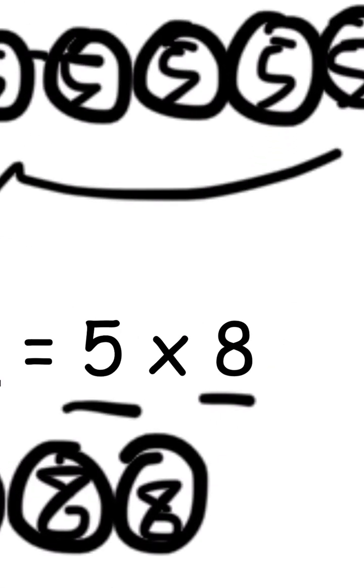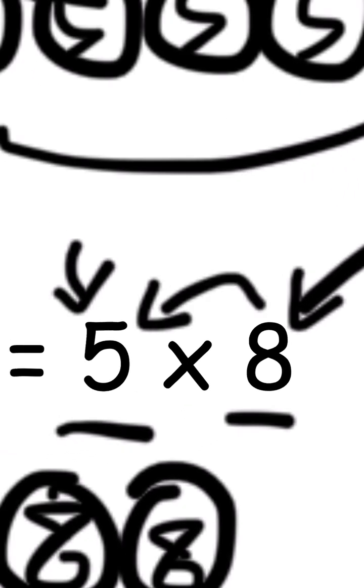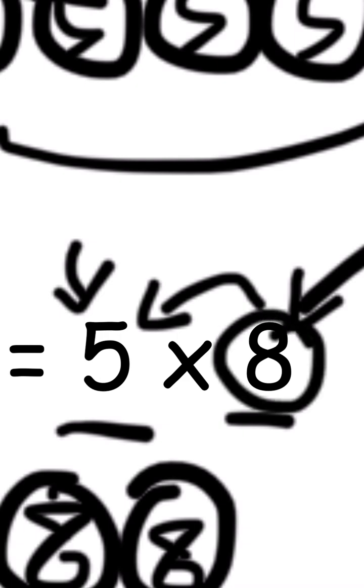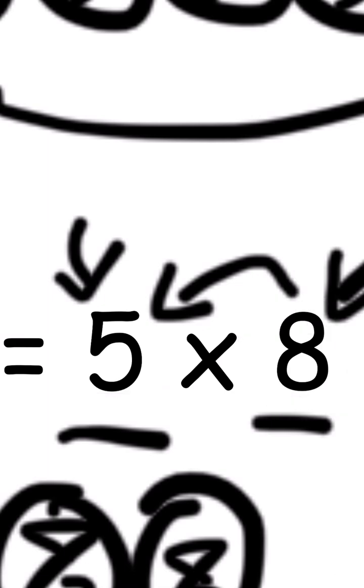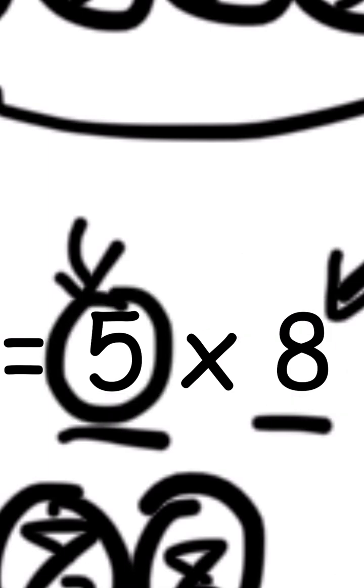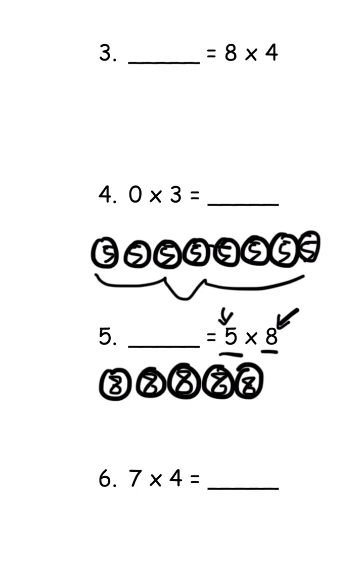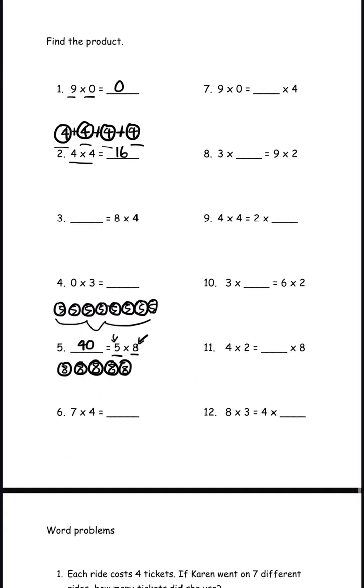So we can just choose any number from this or this and then add it by the opposite number. If we choose 8 as the number that we're going to write, then we need to write 5 that many times. Or if we choose 5 as the number that we're going to write, then we need to write 5 8 times and then add all of them. So the answer is anyways going to be the same. If we add all of them, it's going to be 40.